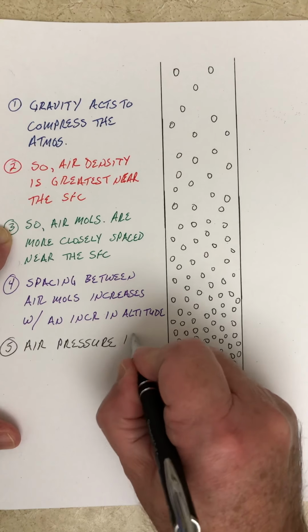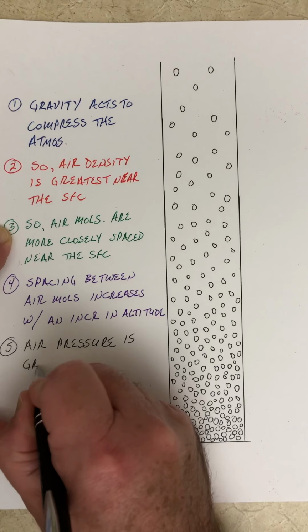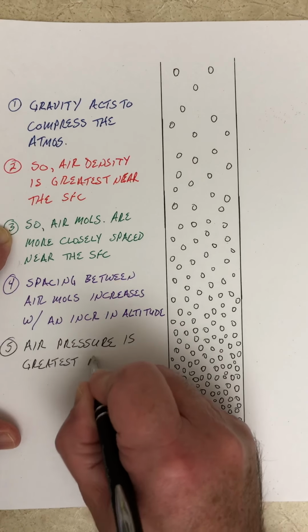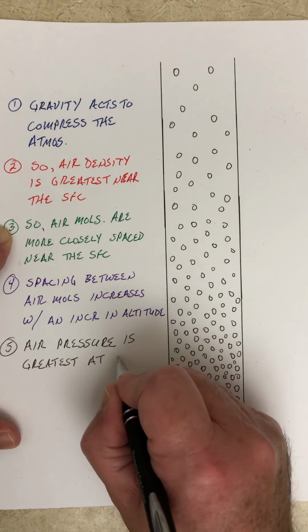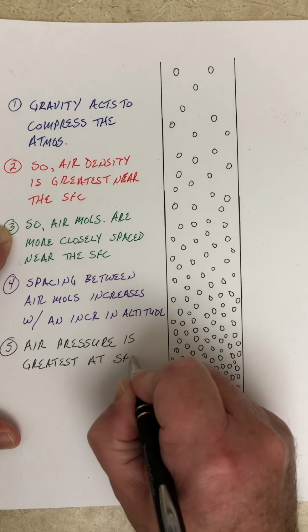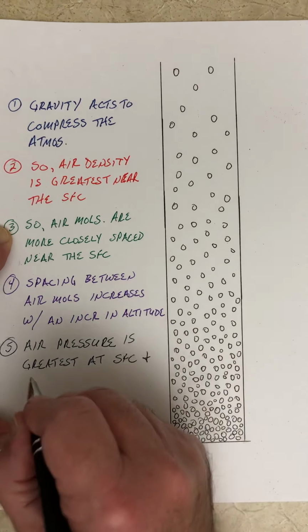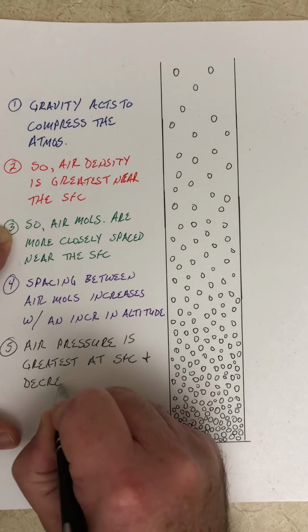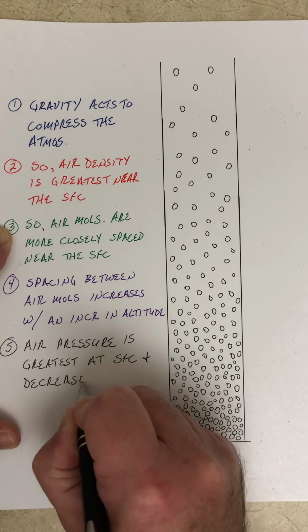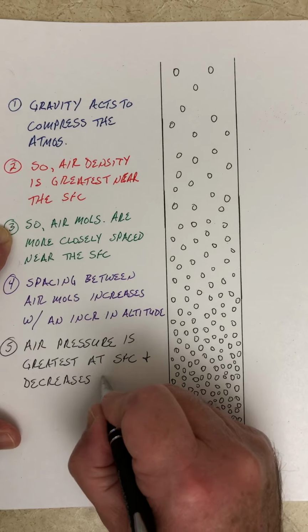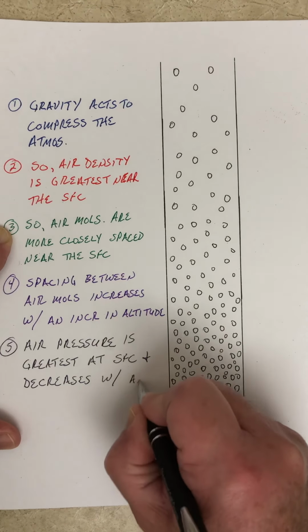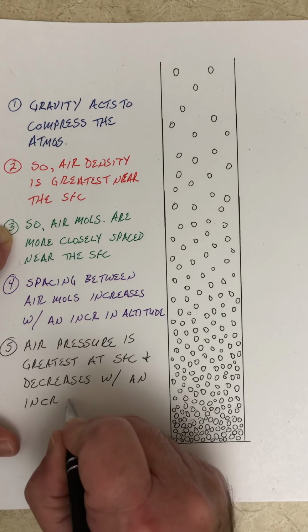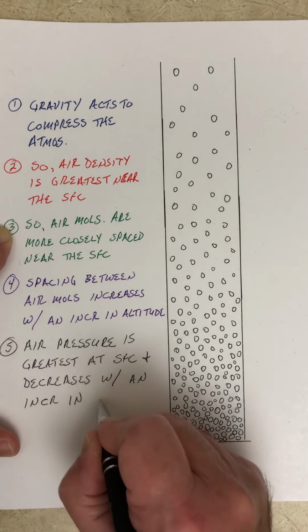So air pressure is greatest at the surface, and it decreases with an increase in altitude.